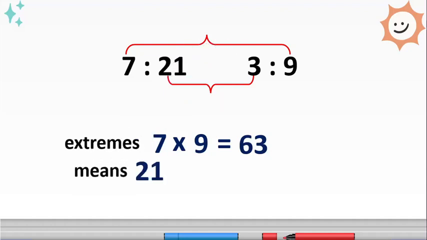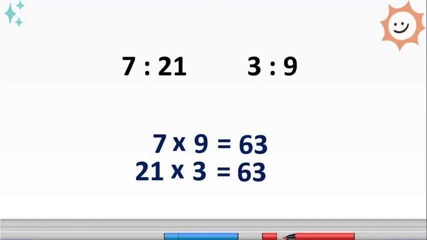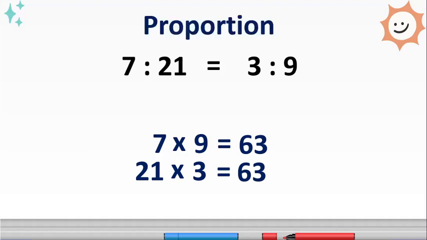Means, 21 times 3 equals 63. So the product of the extremes and means are equal. Therefore, 7 to 21 is equal to 3 to 9. Therefore, these two ratios are proportion. Hope you get it, children.